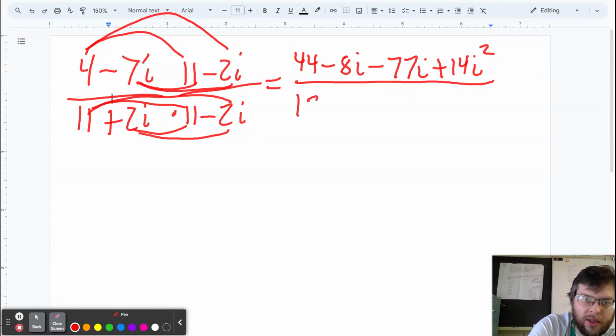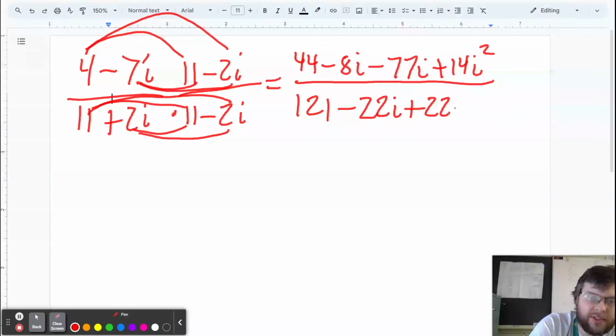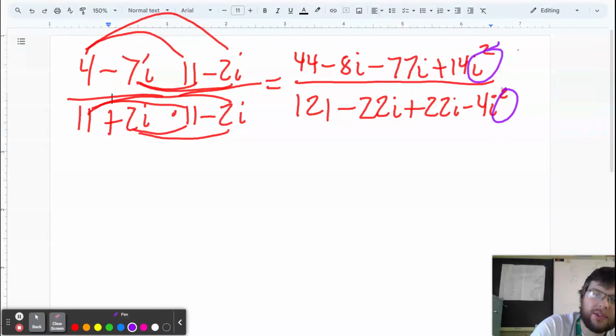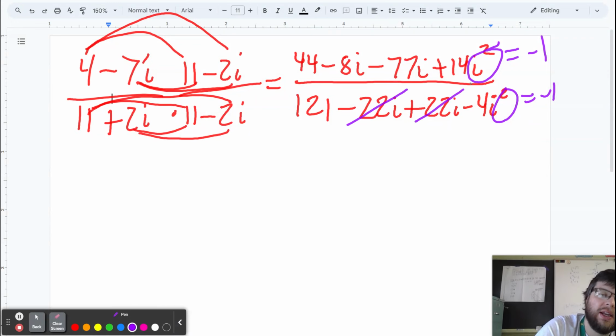And on the bottom, 11 times 11, 11 times negative 2i, positive 2i times 11, negative 2i times positive 2i. Now the big thing that we do in this unit is we remember that i squared is equal to negative 1. Also notice that negative 22i and positive 22i cancel out.